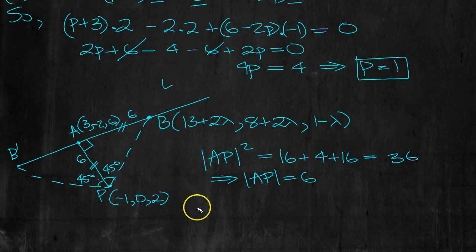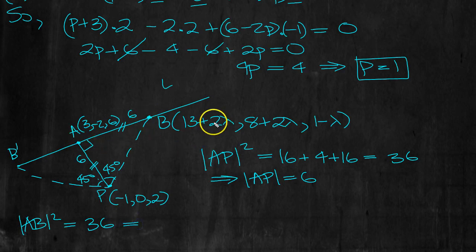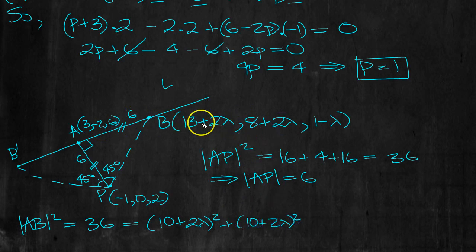Okay, so AB squared is equal to 36 then, isn't it? From there to there. And this difference is 10 plus 2 lambda, squared. 8 to minus 2 is another 10 plus 2 lambda, squared.